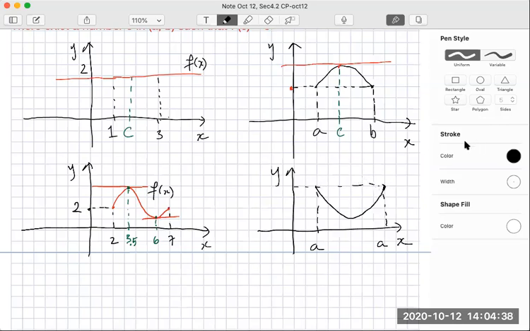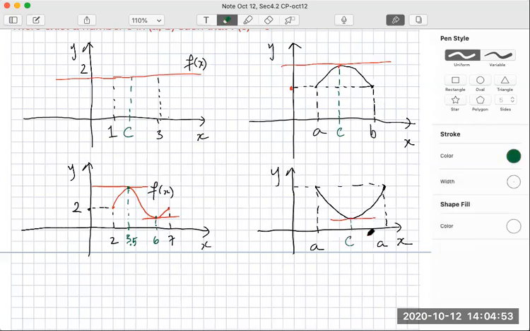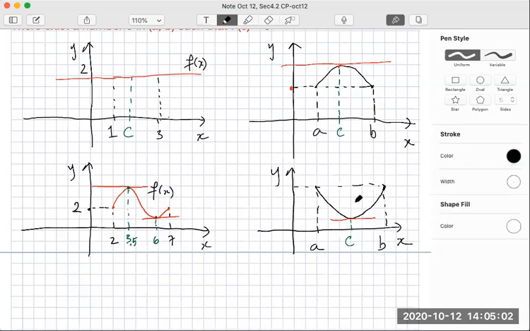They are continuous, differentiable. And f(a) is equal to f(b), so there exists a number c in this interval such that the slope at c is 0, okay? That is Rolle's theorem.